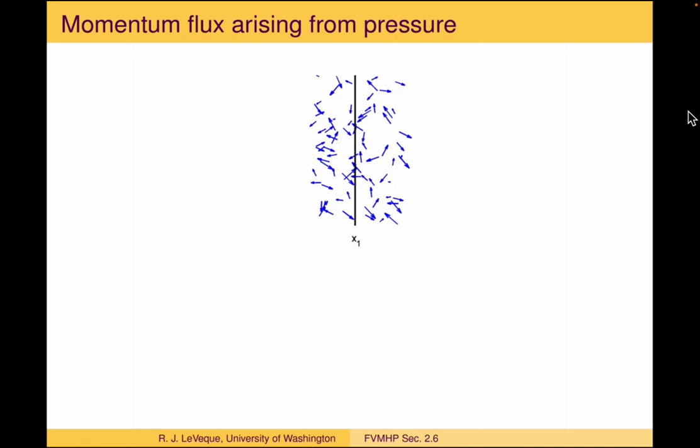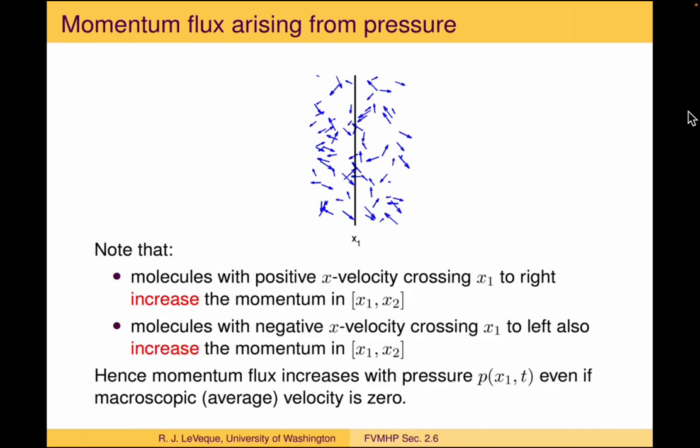But how does that relate to a flux past an interface? So now if we think of x1 as being a point that these molecules are simply going back and forth across, then the idea that the pressure is a momentum flux comes from the idea that if you look at the molecules that are crossing this boundary x1, say from left to right, then as a molecule crosses from left to right, it's bringing positive momentum into this interval from x1 to x2.